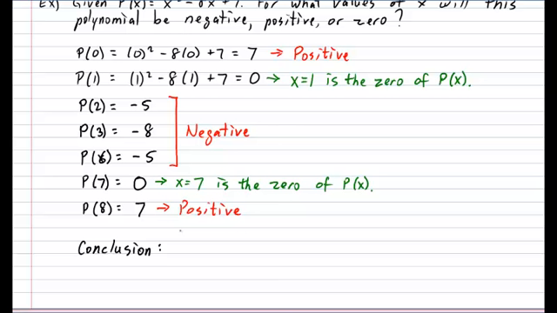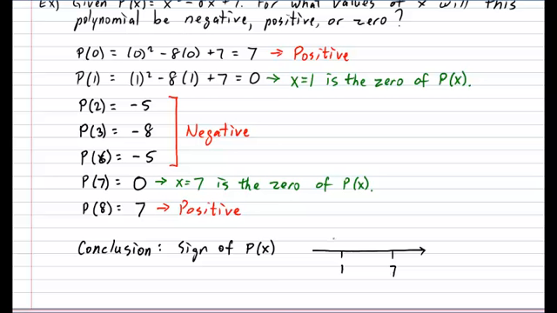Conclusion. So the sign of this polynomial p of x is the following. So we draw a number line like usual. Not very long. And on this number line, the first thing to mark down are the values of x where this polynomial is equal to 0. So it occurs when x is 1, and it happens again when x is 7.